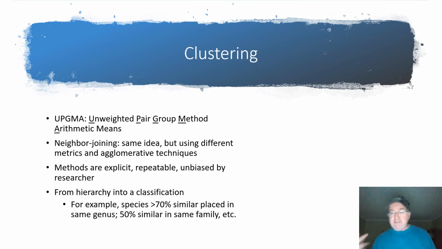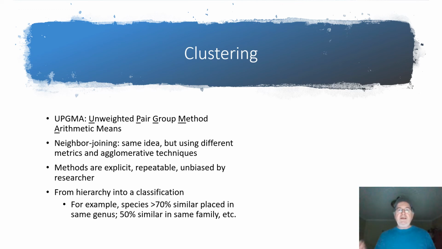Now, from a phoneticist point of view, the positive points of this method of coming up with a classification is that the methods are explicit. UPGMA, the steps are very explicitly known and articulated. The similarity matrix, you know how you constructed it, what the algorithm was for calculating similarity for that matrix.